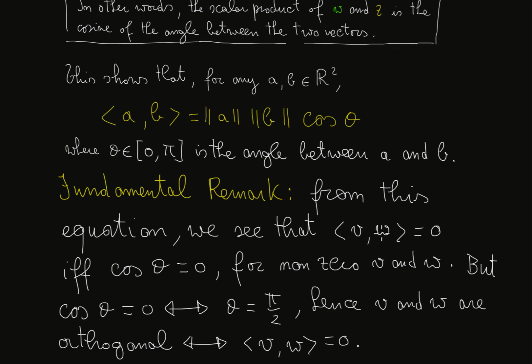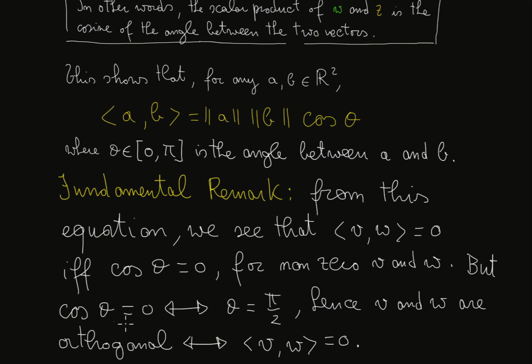If both vectors are non-zero, then their scalar product will be 0 if and only if cosine of theta is 0. But cosine of theta is 0 if and only if theta is pi over 2. Hence, v and w are orthogonal if and only if the scalar product between v and w is 0.